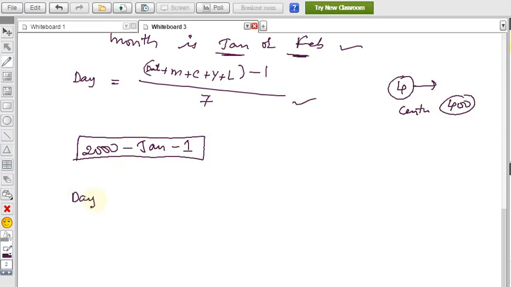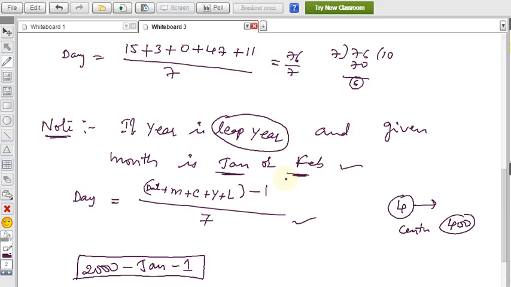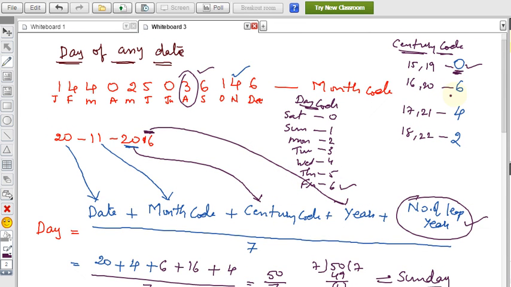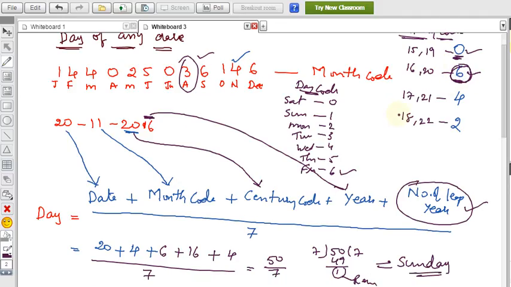According to the formula, it is date plus month code. January code is 1, because the month codes are 144025036146, that 8 digit code, plus century code. For 20, the century code is 6.